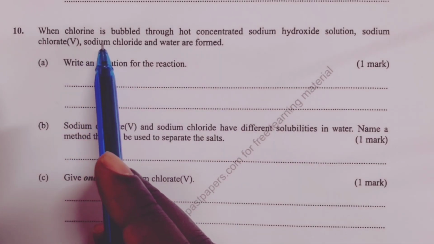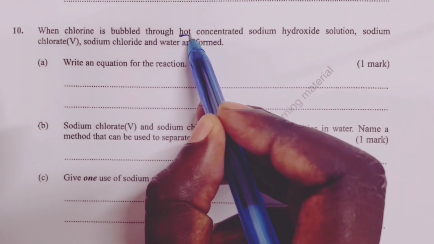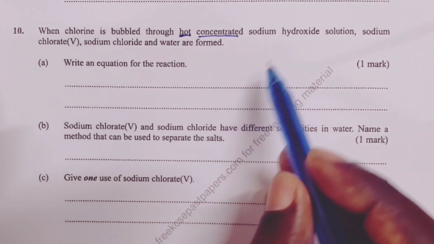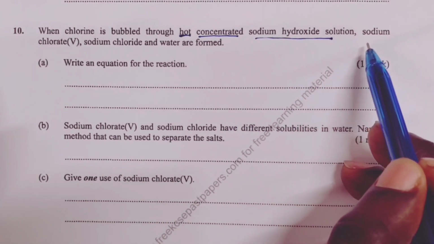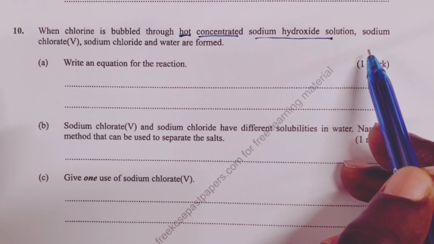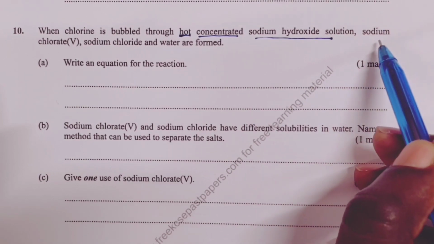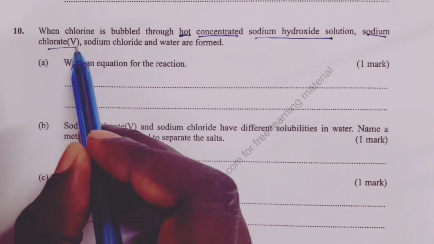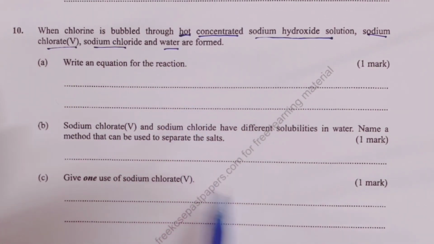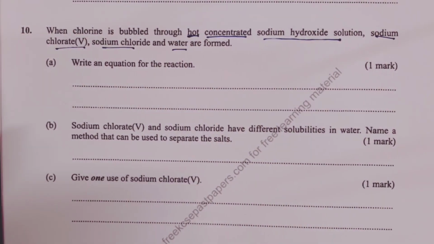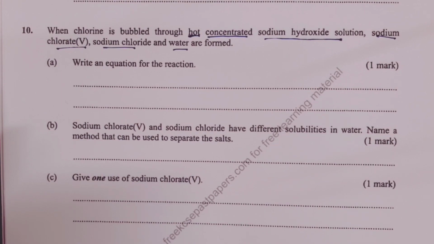When chlorine is bubbled through hot concentrated sodium hydroxide solution, the examiner was lenient enough to give us the products. Sodium chlorate 5, sodium chloride, and water are formed. What a nice examiner who goes ahead to give the product of a reaction.